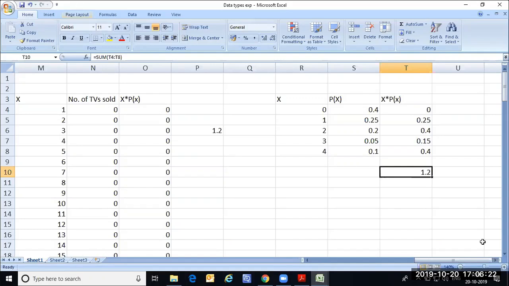The same thing, repeat the number of experimentations. I'm extrapolating the same thing over a period of 100 days, how this data looks like. Now, the number of TVs being sold as zero means no sales for about how much time? 40% of the time.